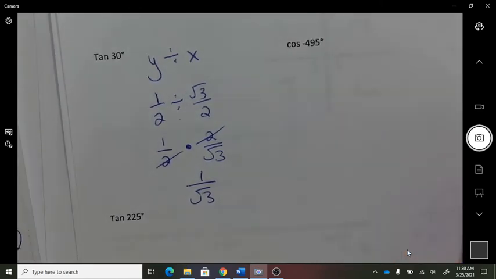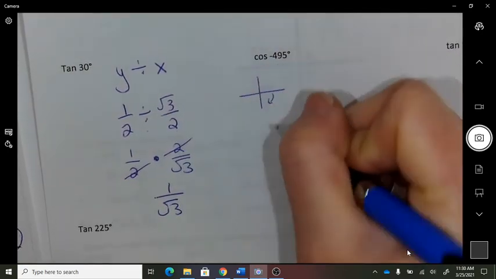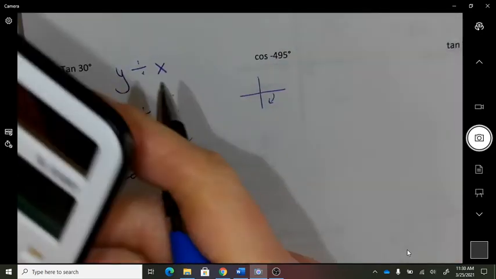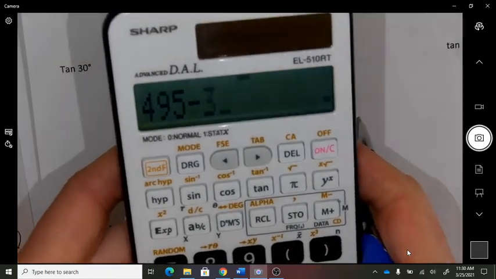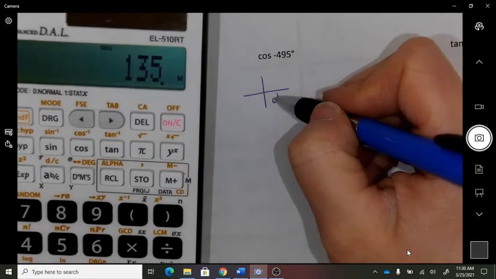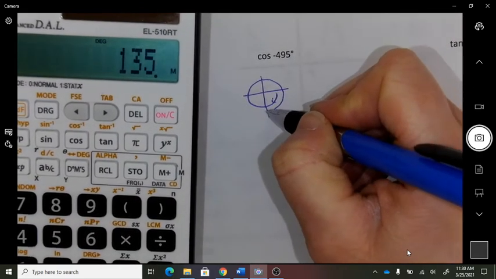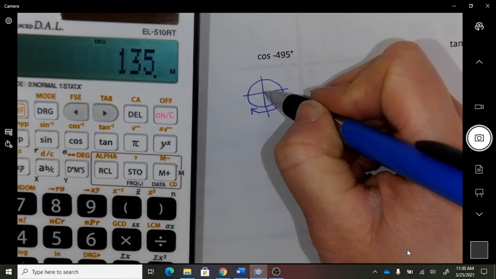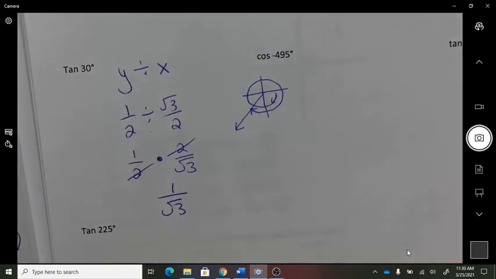Okay, cos negative 495, so I'm going to go backwards. So where do you land here? 495 minus 360. So I'm going backwards a whole circle and then backwards for another 135. So I land there.